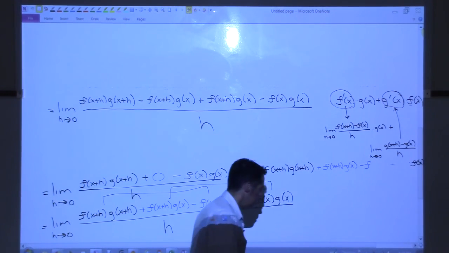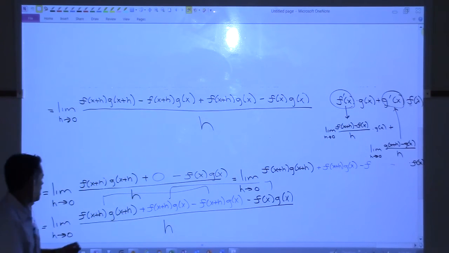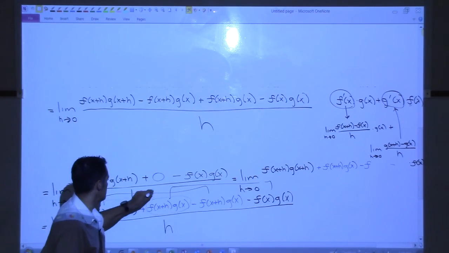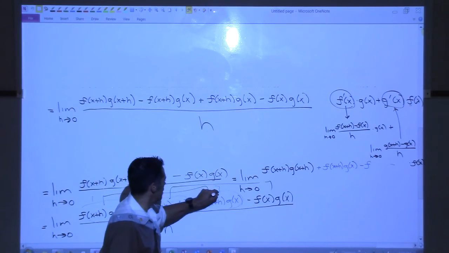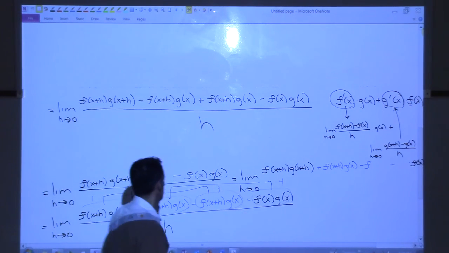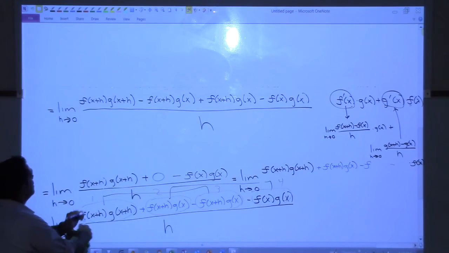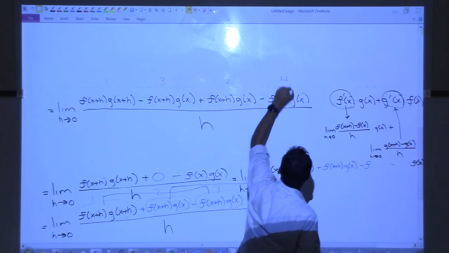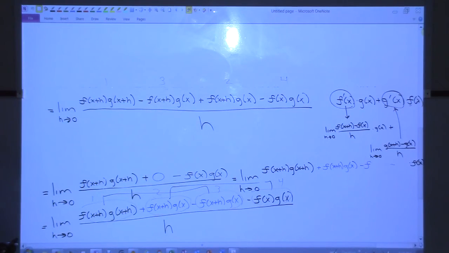So if we were to say that this piece right here is 1, this piece is 2, this piece is 3, and this piece is 4, then I've just rearranged their order, right? This is now 1, this is 3, this is 2, and that's 4. Do y'all see all I've done is just switch the way they're arranged?